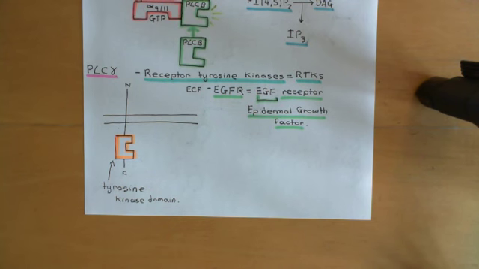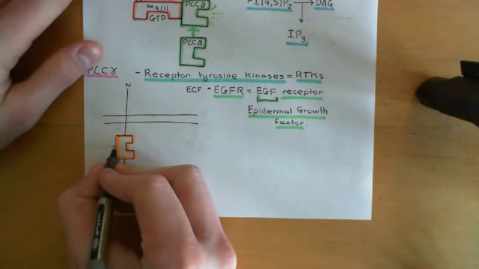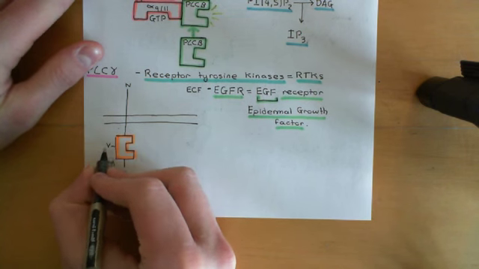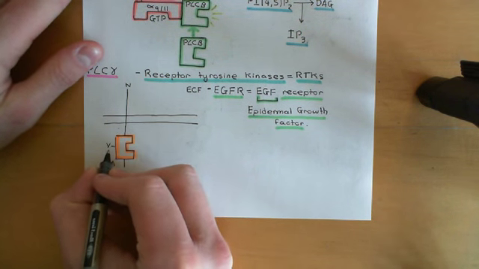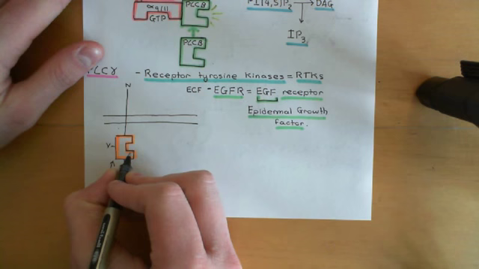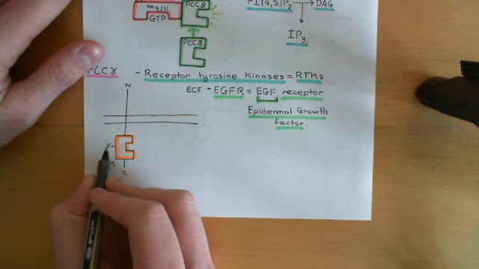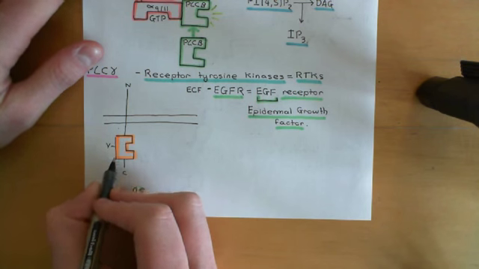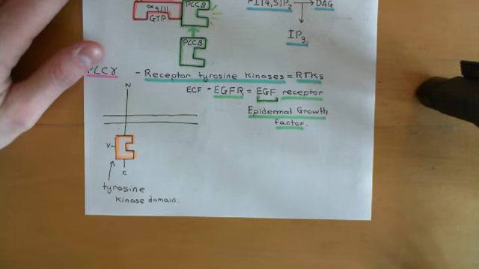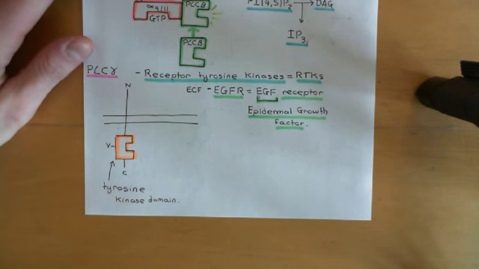Okay, now, to activate the tyrosine kinase domain of our receptor tyrosine kinase, you have a special tyrosine residue, okay, that needs to be phosphorylated if the receptor tyrosine kinase is to be activated. So if you add a phosphate group onto the tyrosine residue of this tyrosine kinase domain, it will suddenly become much more active, basically.